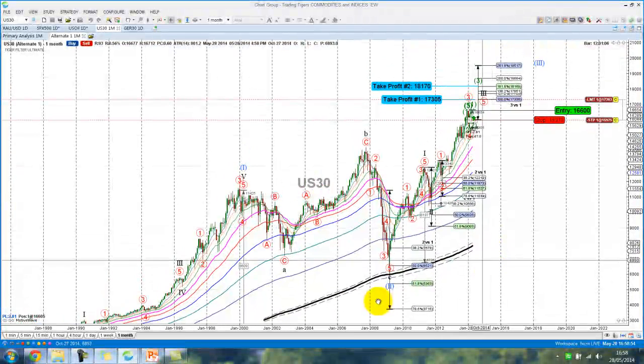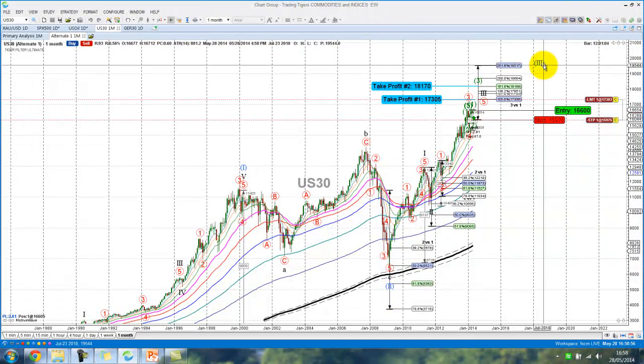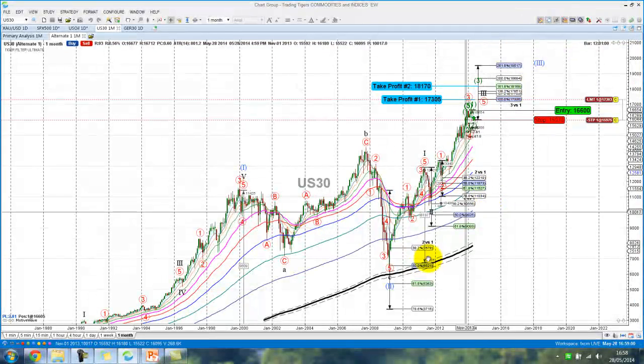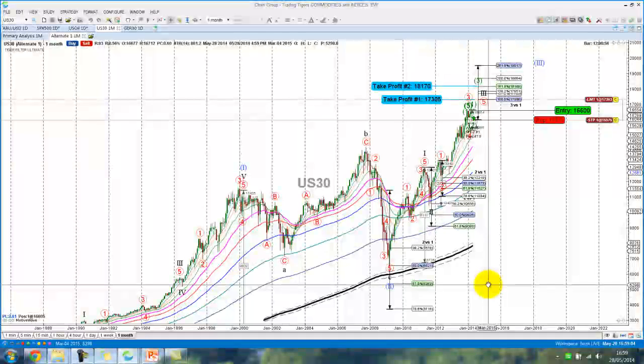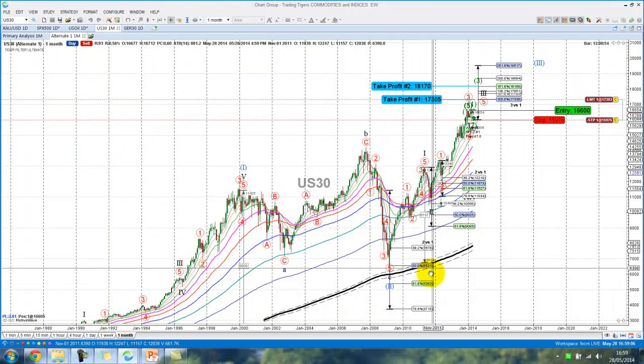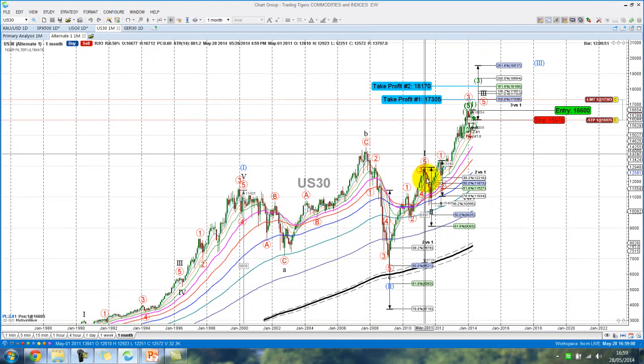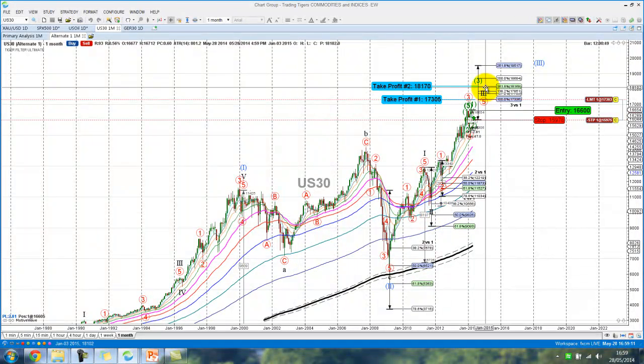So we now know we're in a wave 3 of the super cycle, being blue and in brackets. Subwaves of the super cycle are the cycle degree, which are black and in Roman numerals, and you can see there's 1, there's 2, and we're in a wave 3 right now.